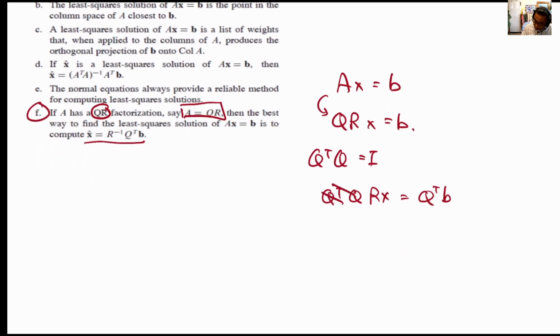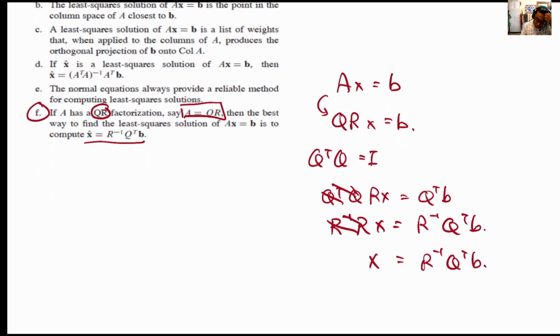Q transpose Q becomes I, the identity, and if R is invertible, we apply R inverse on both sides, and we get X equals R inverse Q transpose B.